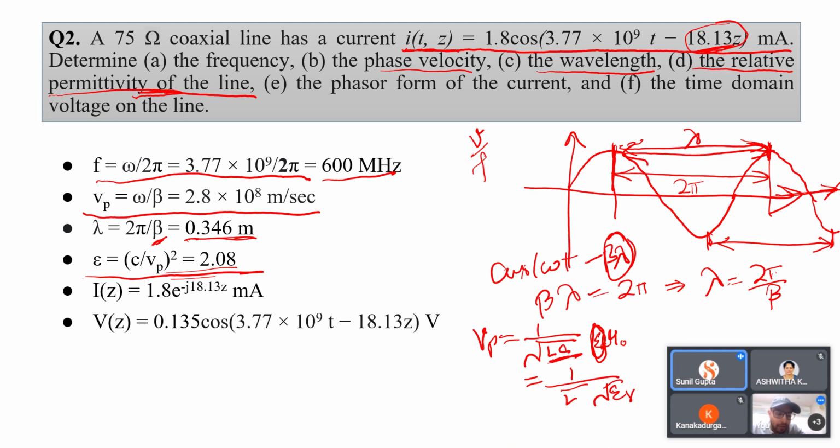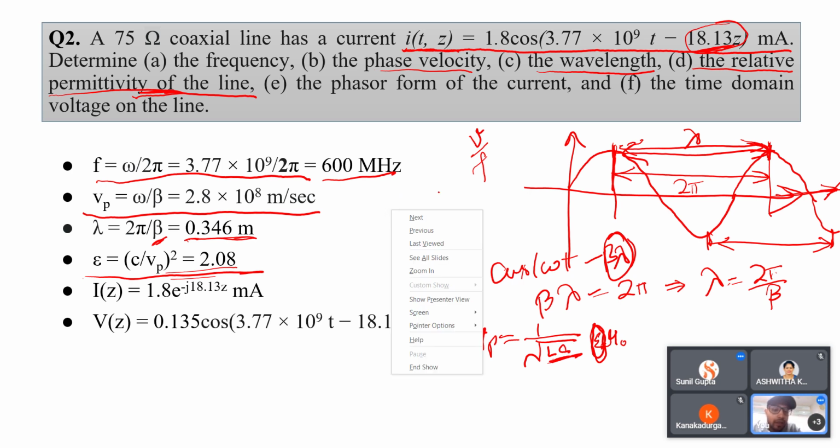This actually comes from V is equal to root over mu upon epsilon, right? Yes, actually here we are using circuit analysis. In circuit analysis, we can say L is proportional to mu, and C is proportional to epsilon.